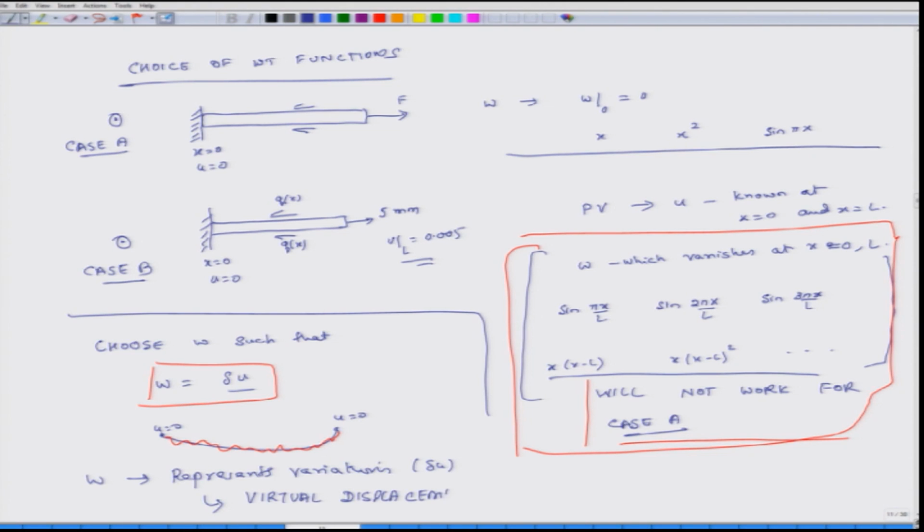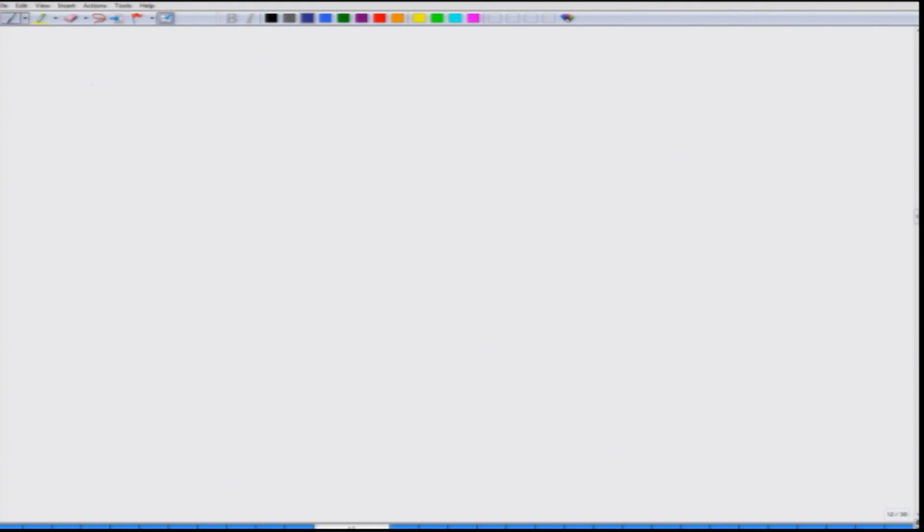And maybe in the next lecture we will see why we are doing all this. So, if I do this, then my original governing equation was this weak form.